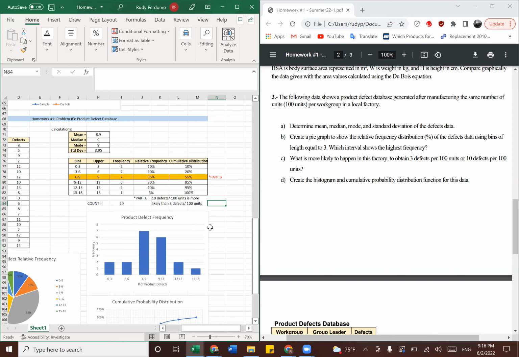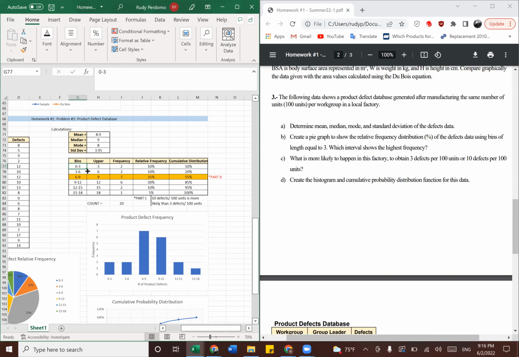Now for part C, it says which is more likely to happen, 3 or 10 defects. So we see 3 could be either, honestly, since they, actually no. What Excel does for the frequency is it checks up to 3, and then here it checks up to 6, and it subtracts what's up to 6 minus what's up to 3, and then gets 3 to 6.